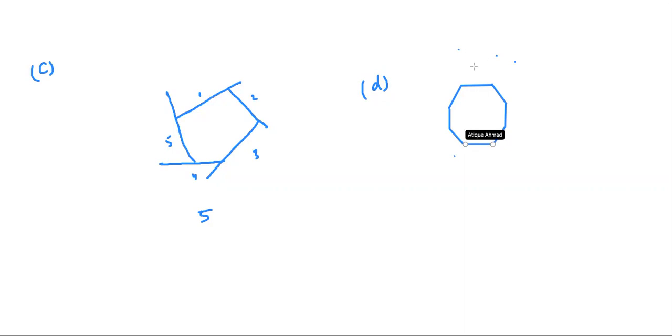There are 1, 2, 3, 4, 5, 6, 7, 8. 8 lines are there. So it is an octagon, and we can rotate it 8 times because it has 8 lines of symmetry. But you don't have to draw the lines of symmetry. You just have to tell the order of rotational symmetry. So it has 8 lines. Therefore, the order of rotational symmetry is 8 in this figure.